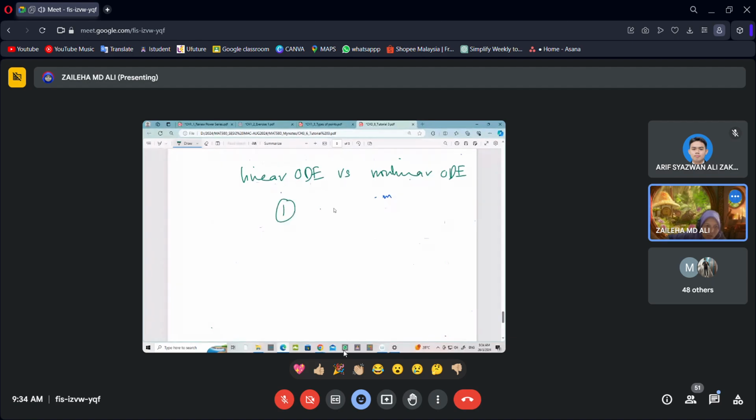There are 3 categories, okay. Whenever you see this condition, ini syarat, whenever you see this condition, non-linear lah dia. Pertama, whenever you have your dependent variable, okay, power dia lebih daripada 1.